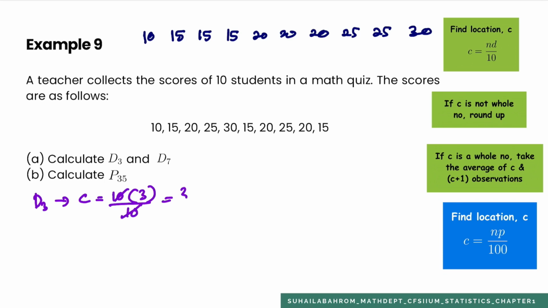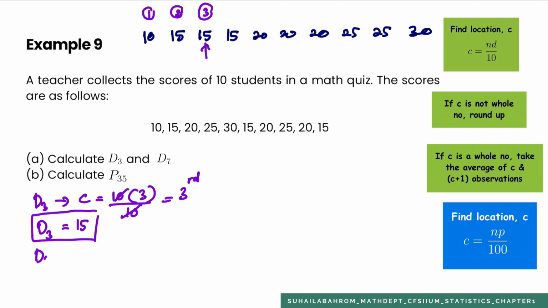So you will get the third location. 3 is not the answer, 3 is the third location. So this is the first observation, second observation, and the third observation, or the third location. Therefore, the decile 3 in this data set is equivalent to the value of 15. This is the way you write down your answer.